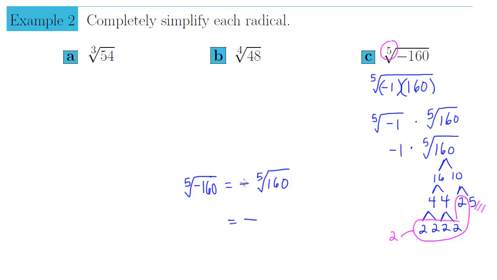So this negative comes from here. Then I have a 2 on the outside. Then I have a fifth root, because we were dealing with a fifth root the whole time. And then there's still a 5 left on the inside. So all in all, the fifth root of negative 160 is negative 2 fifth root of 5. Ooh, that was a good workout.